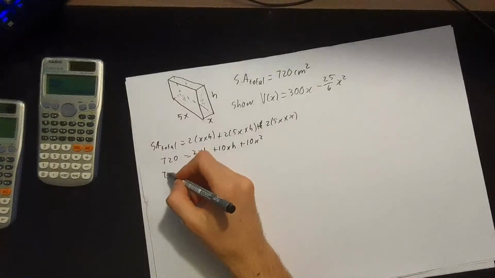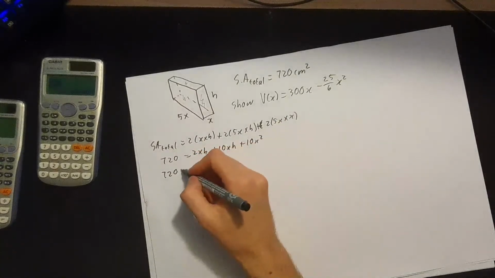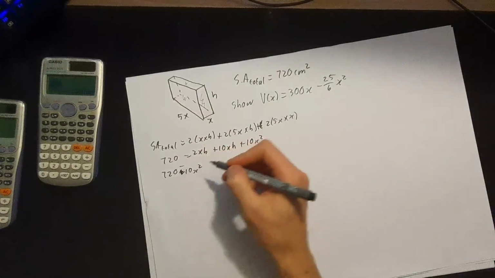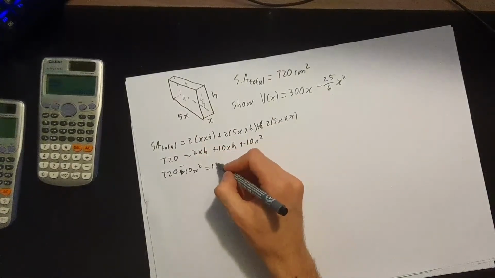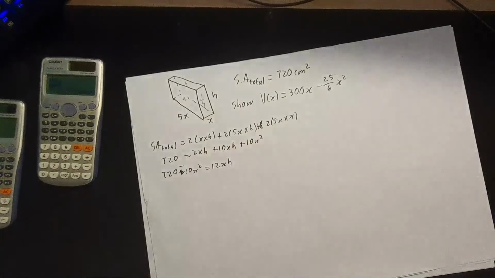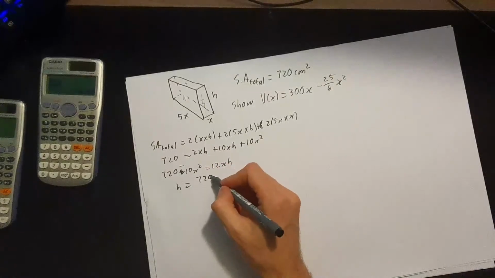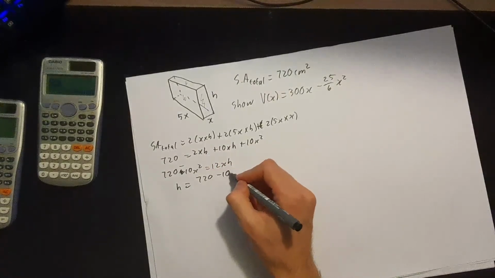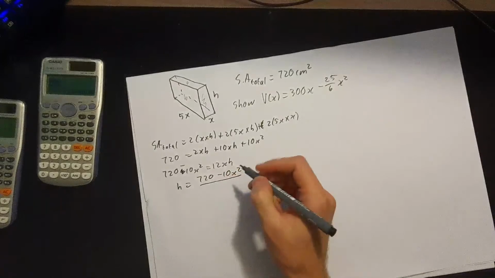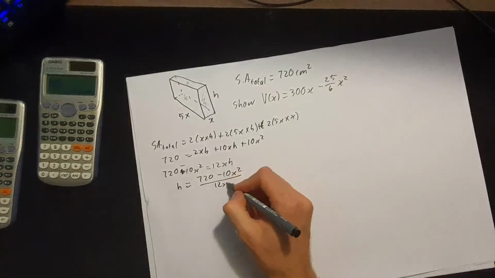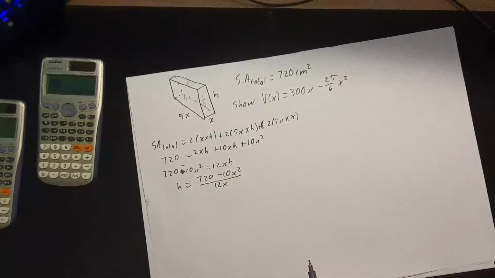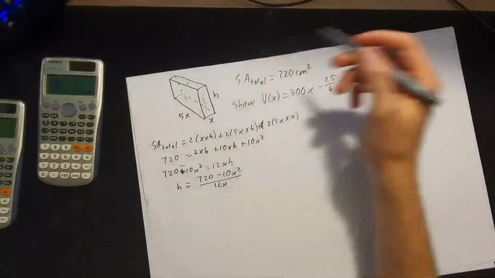Therefore we have 720 minus 10x squared equals 12xh. So h is going to equal 720 minus 10x squared all over 12x.